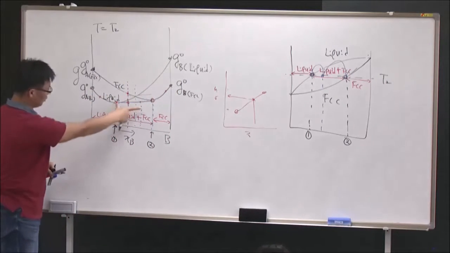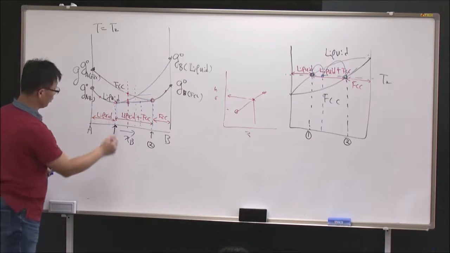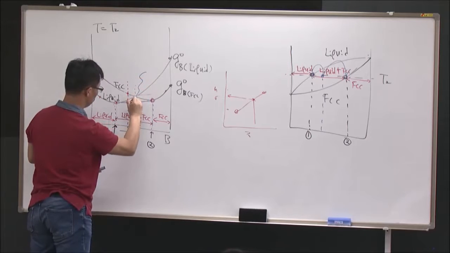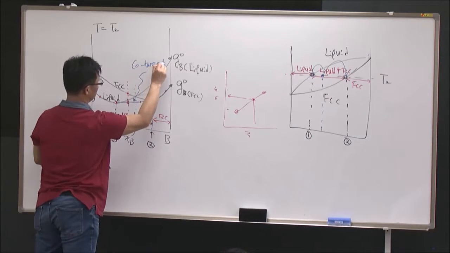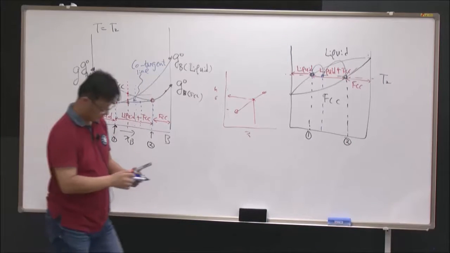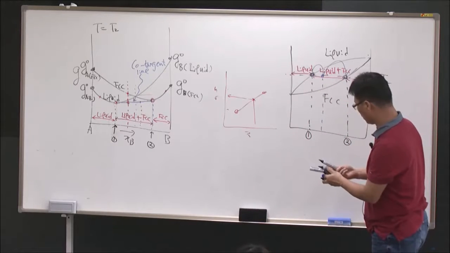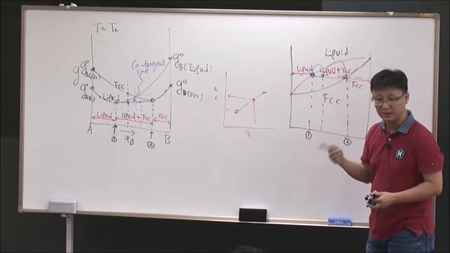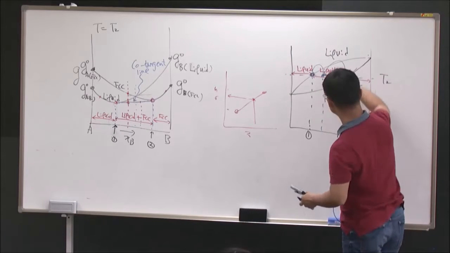And that is happening because of this cotangent line. Theoretically we call it a cotangent line; in this kind of diagram, we call it a tie line. The terminology is slightly different, but it's the same meaning.